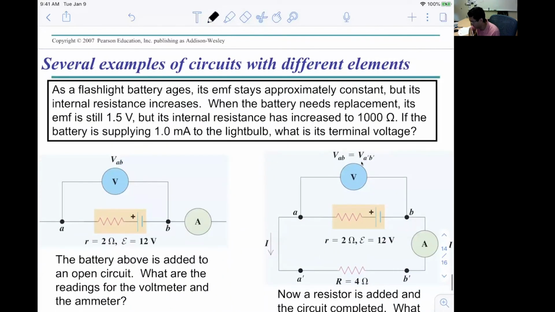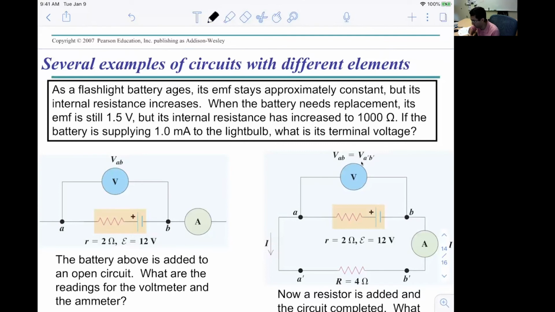So for example, we have a problem. As a flashlight battery ages, its EMF stays approximately constant, but its internal resistance increases. When the battery needs replacement, its EMF is still 1.5, but its internal resistance has increased to 1000 ohm.